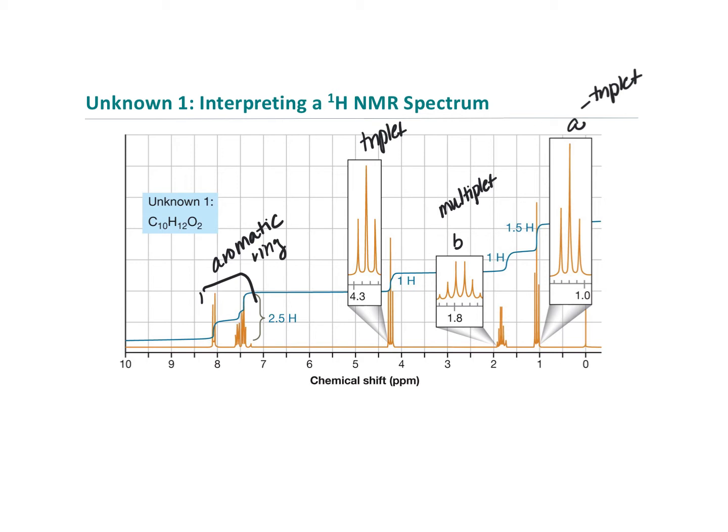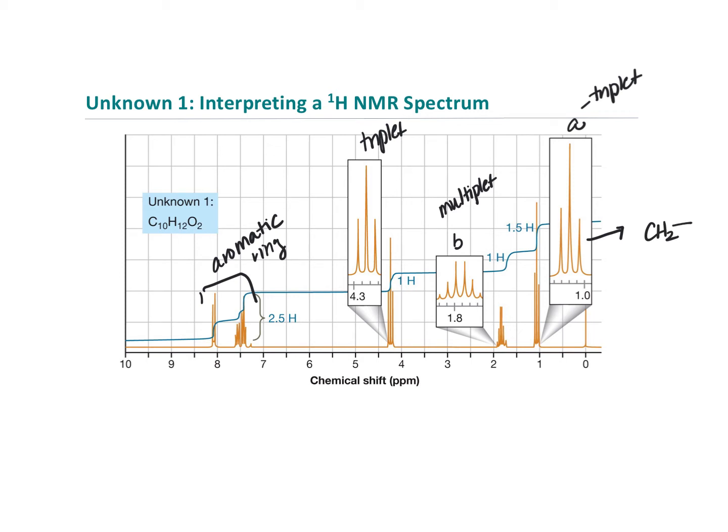So the first thing I do is I sit down and identify, do I have triplets, multiplets, and so on and so forth. So the next thing I'm going to do is say, okay, this guy right here, whatever proton this is, is next to a CH2, right?